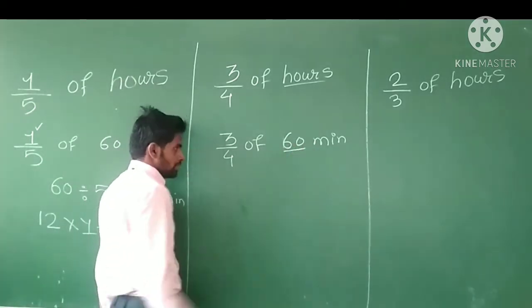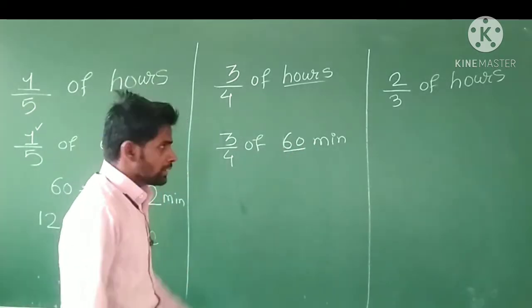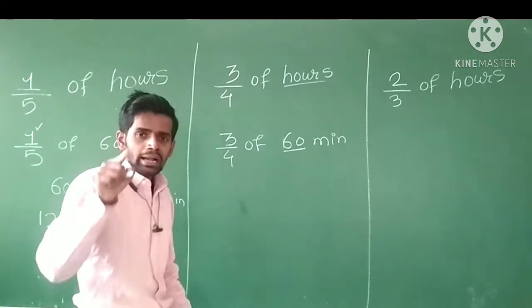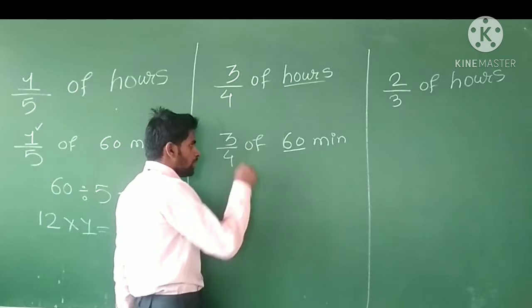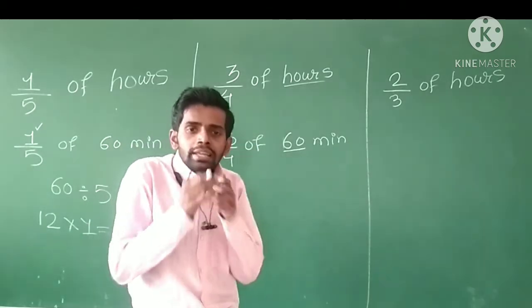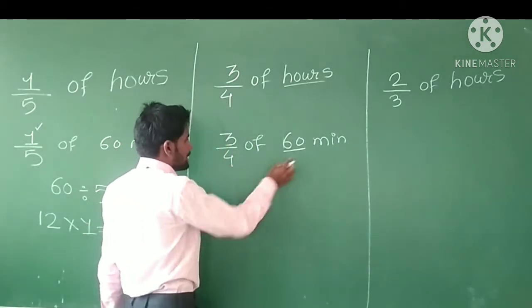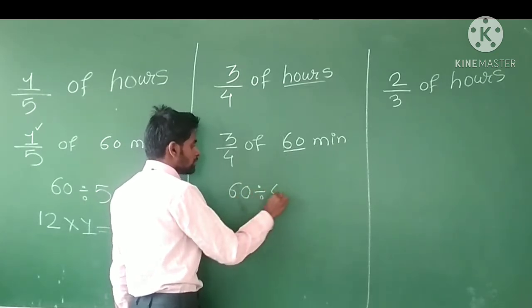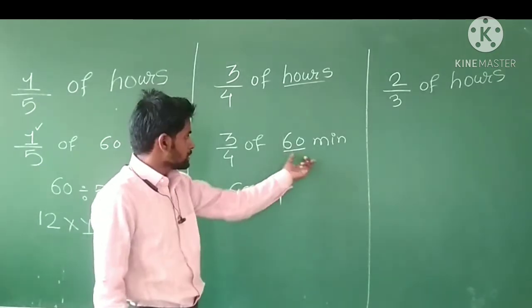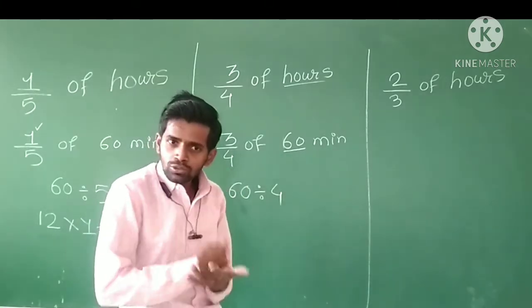So here it is a number. What is the denominator? Denominator is 4 and the denominator is telling about the total number of parts. So first of all, we will create the 4 equal parts of 60. So first of all, we will divide that 60 by 4. अगर आप 4 से divide करोगे तो 4 टुकड़े हो जाएंगे.